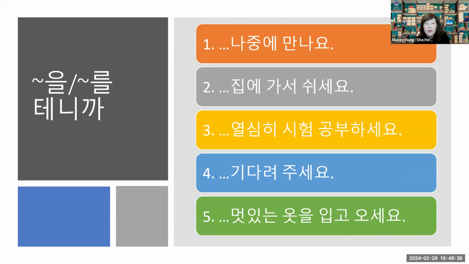Give, using 테니까, an explanation why you should meet later, why you should go home and rest, you should study hard for your tests, you should wait, or wear something nice to wherever you're going. 바쁠 테니까 나중에 만나요.